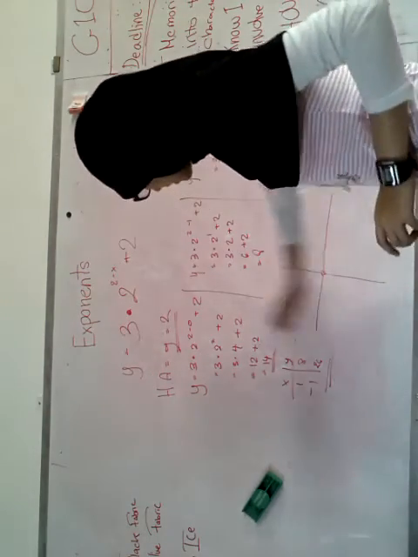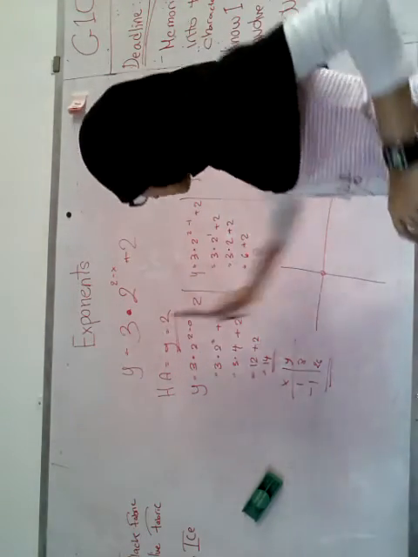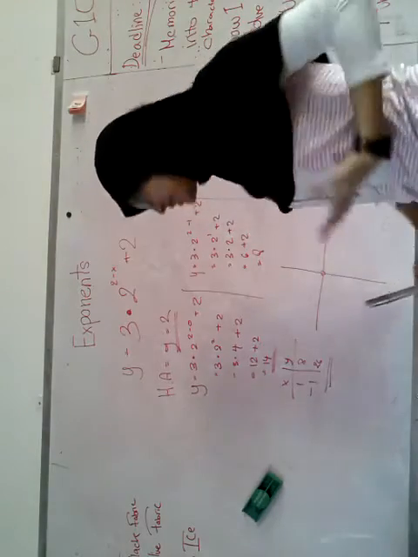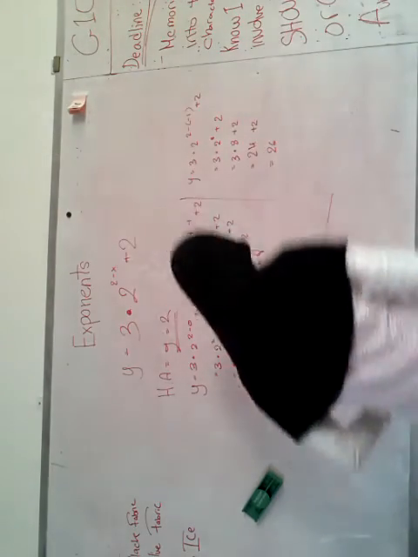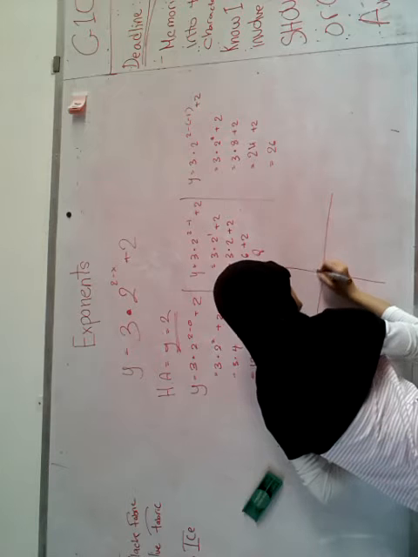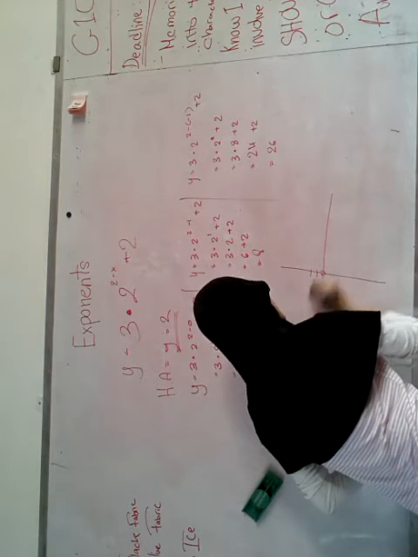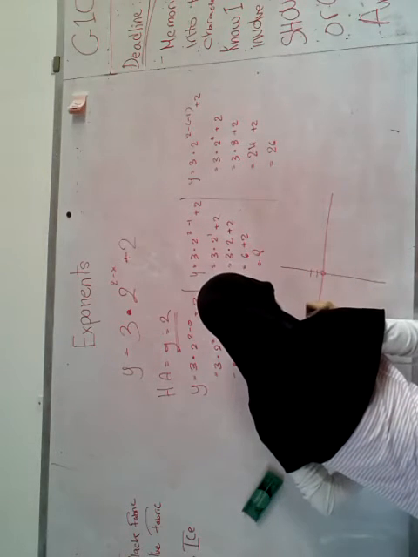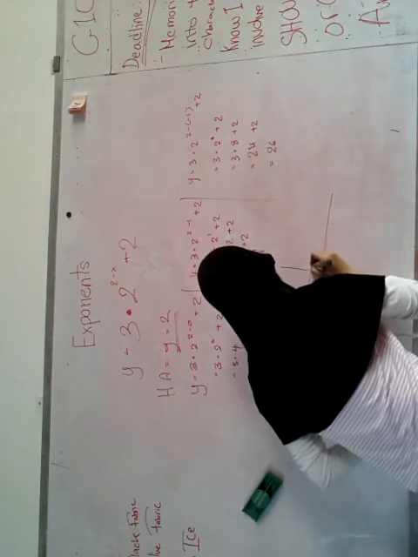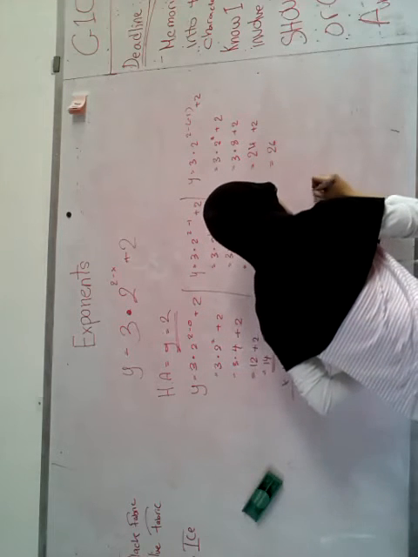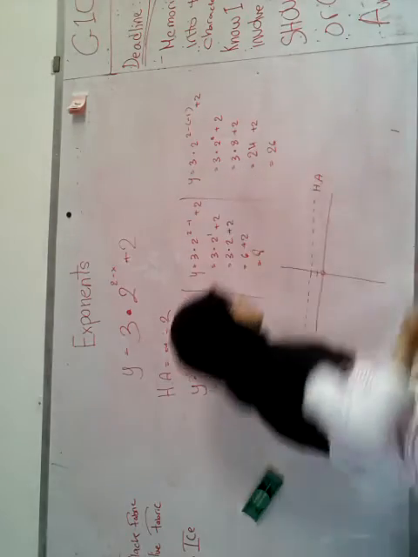Okay. Now let's graph our horizontal asymptote with a dotted line. So y is equal to 2, so 1, 2 is there. Mark it, horizontal asymptote.